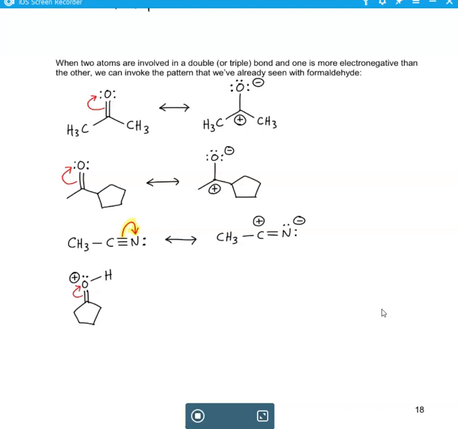Pull a pair of electrons out of the double bond, put them onto the oxygen. Now what that's going to do is satisfy the positive charge on the oxygen, but we moved electrons away from the carbon. So that will have a positive charge.